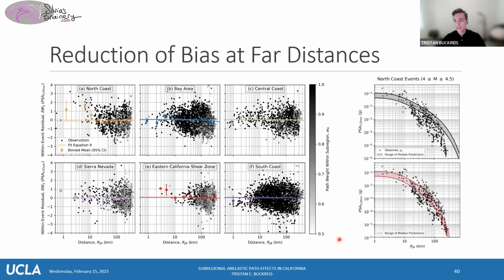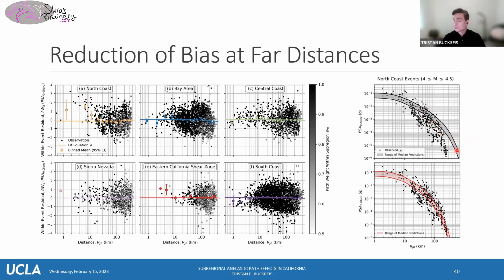If we want to look at a space that we're a little more used to, in intensity versus distance space, here we have data from North Coast events that just stay within the North Coast. So you can see this is the BSSA 14 prediction by the shaded region from magnitude 4 to 4.5.